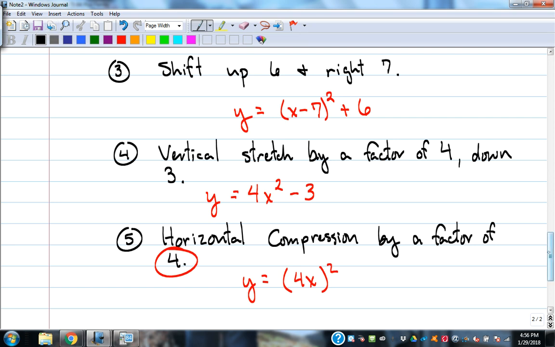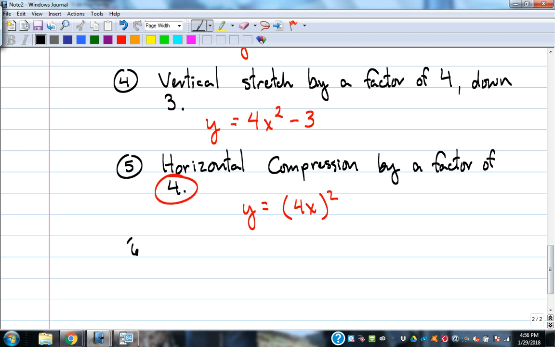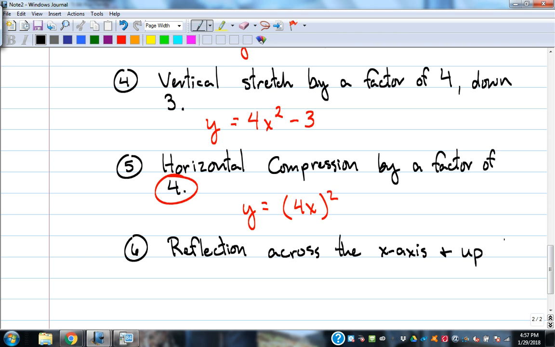One more. We'll move on to something else. Let's say we have a reflection across the x-axis and up 10.